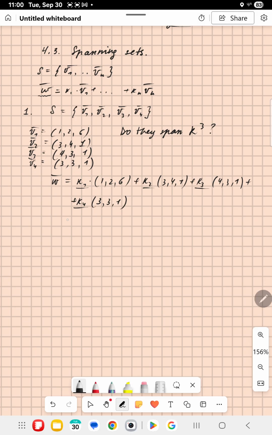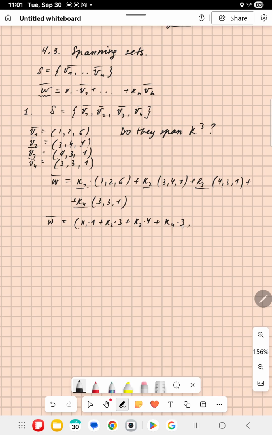So W equals k1 by 1 plus k2 by 3 plus k3 by 4 plus k4 by 3, right? I'm multiplying the k's inside first and then combining the x components, and I'm going to repeat it for all of them.